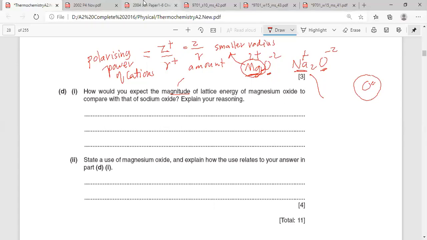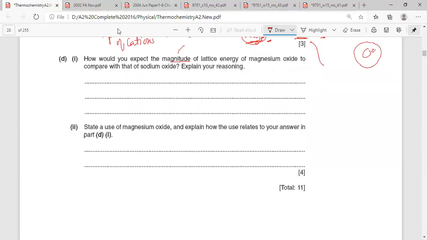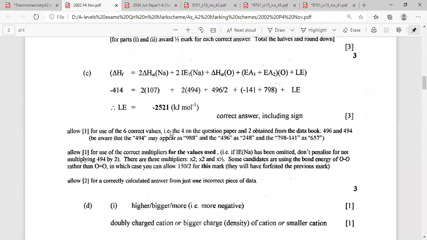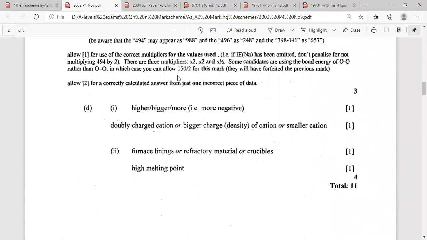Now let's look at the answer here. I think it's this one here. Let's see here. Okay, right. So magnesium oxide is higher or bigger.